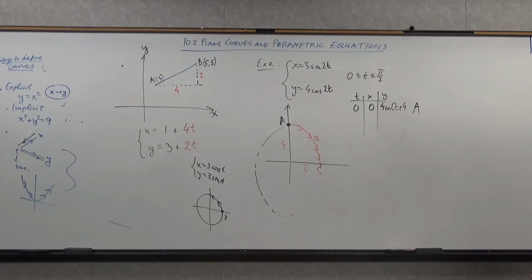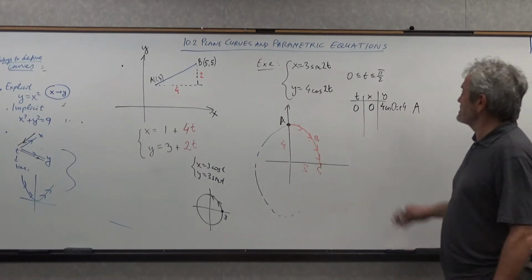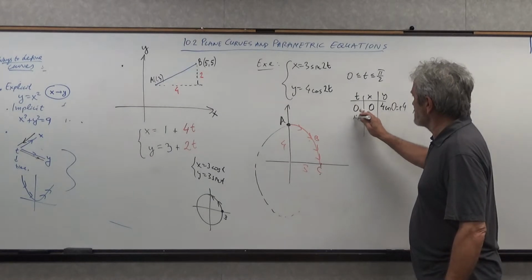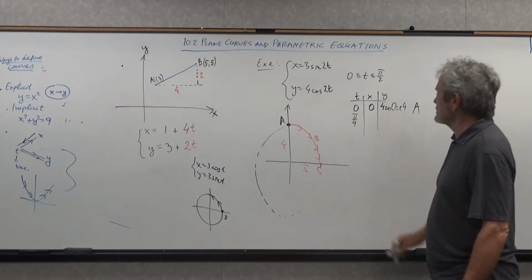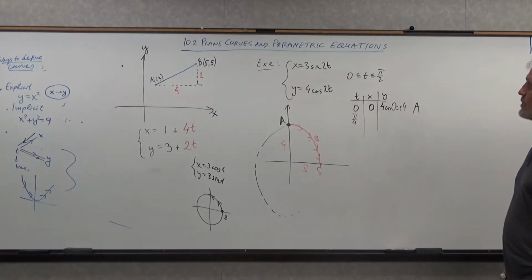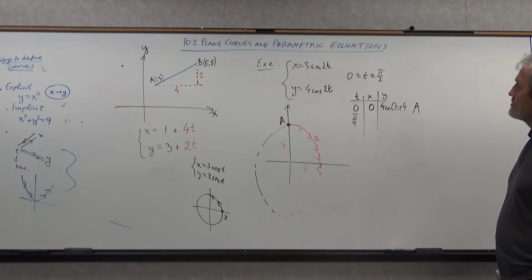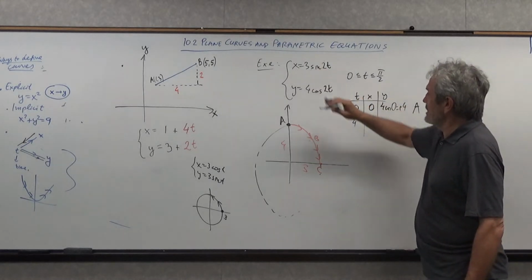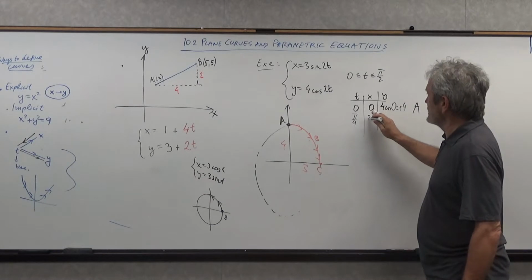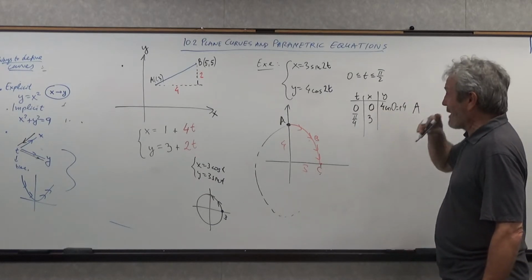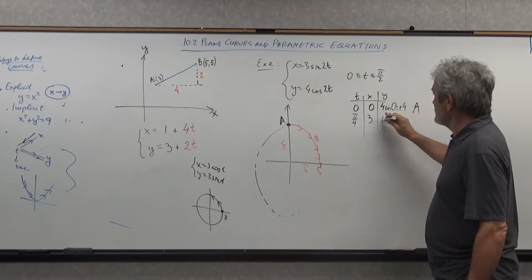And then what? When t gets to, let's say, pi over 4, so I'm going to get quicker. When t is pi over 4, x will be 3 sine pi over 2, so x will be 3, and y will be 0.